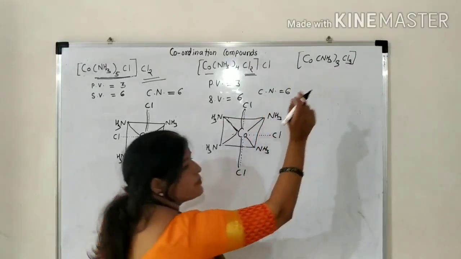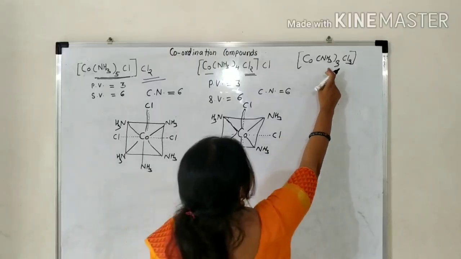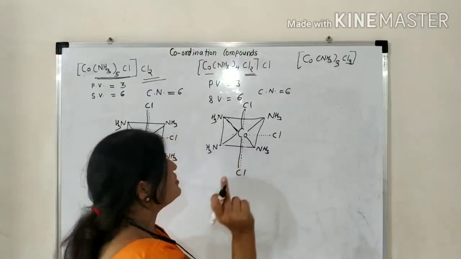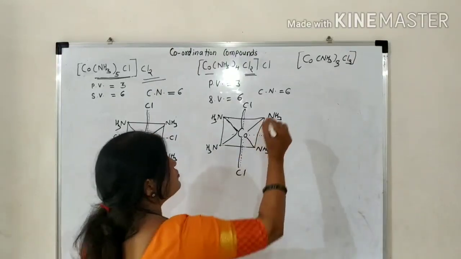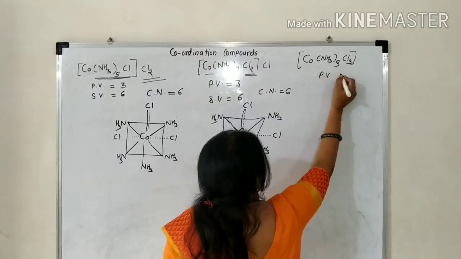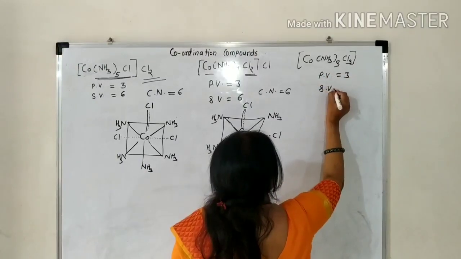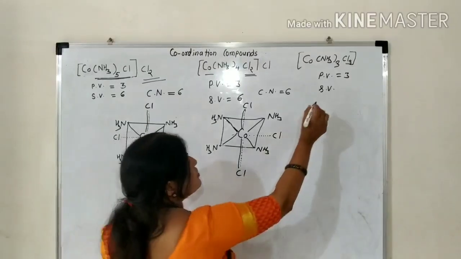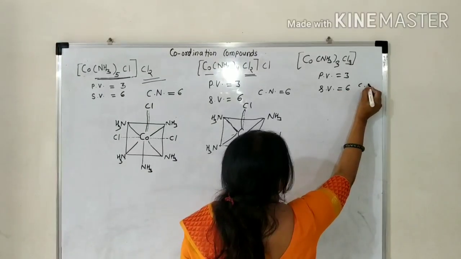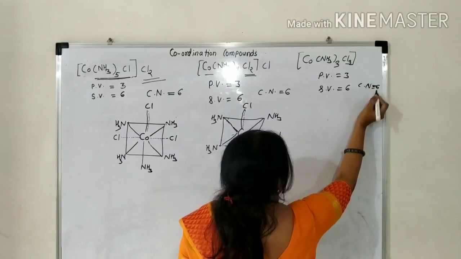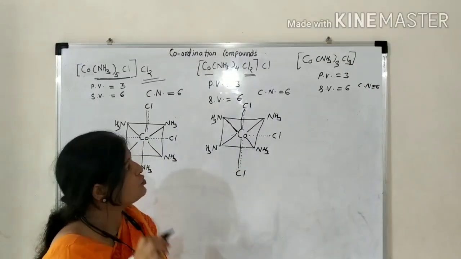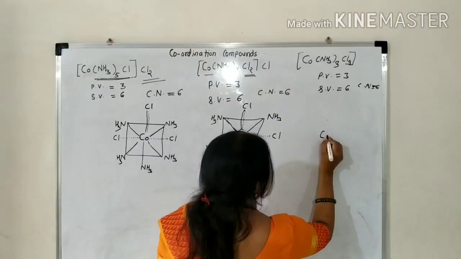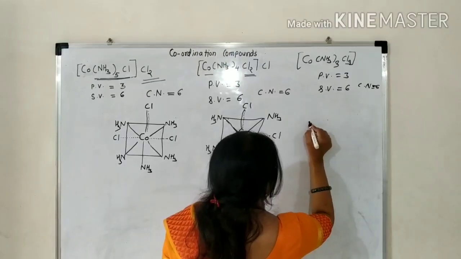Its primary valency: x plus 3 times minus 1, minus 3, so x minus 3 is equal to 0, x is equal to plus 3, which means the primary valency is 3. Secondary valency: a total of 6 ligands are here, so 6 coordinate bonds will be formed. Therefore the secondary valency is 6 and the coordination number is 6. Therefore its geometry will be octahedral again. In this compound, cobalt is at the center of the octahedral complex.